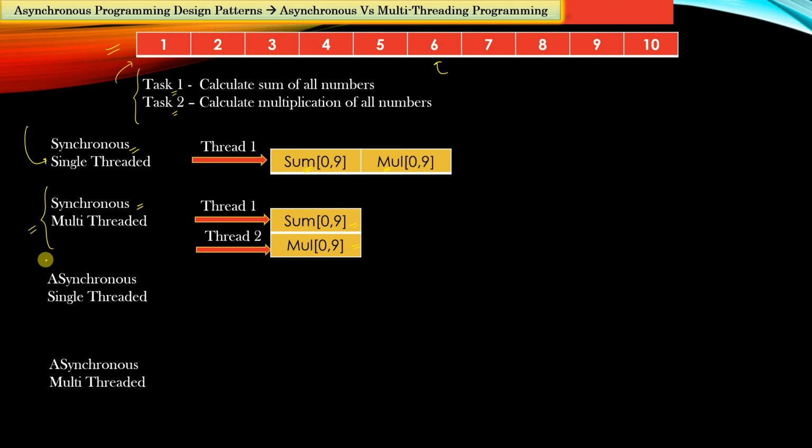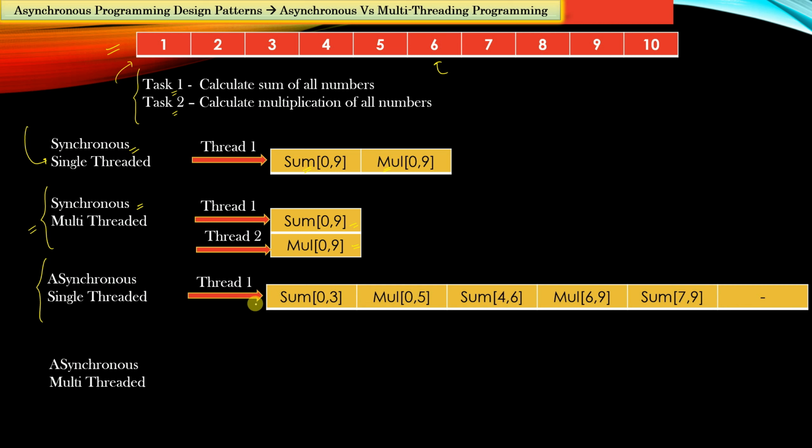But now if I were to ask you to write an asynchronous single-threaded program to compute task 1 and task 2, then you would write a program and compute the sum and multiplication by executing each task in small cycles.